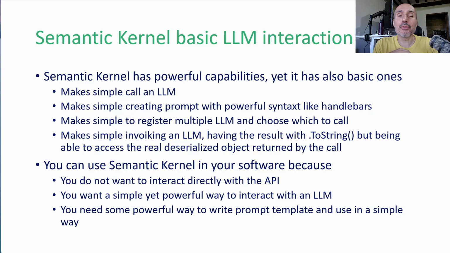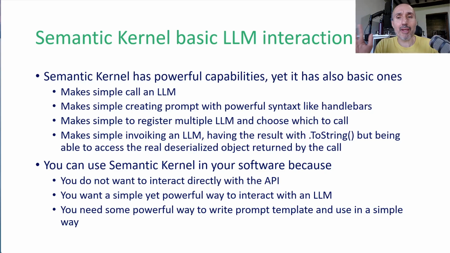You can make simple calls to a large language model, use powerful syntax, register multiple large language models and choose which one to use for each call, and get a simple result as a string. But if you need to understand the real answer of the large language model, you can access the real deserialized object that came from the API.